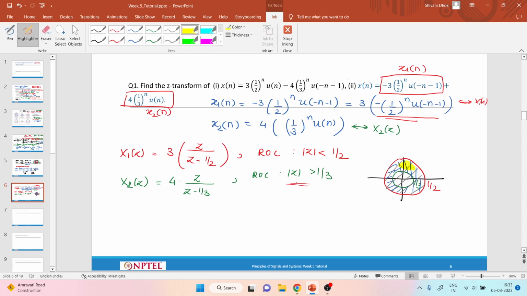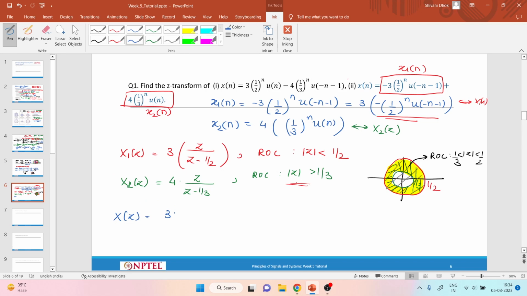So this shaded part, which is the overlap of both of these two, is my region of convergence. So this is my ROC, which is my magnitude of z is lying between 1 by 3 and 1 by 2, and therefore my x of z is addition of x1 of z plus x2 of z.